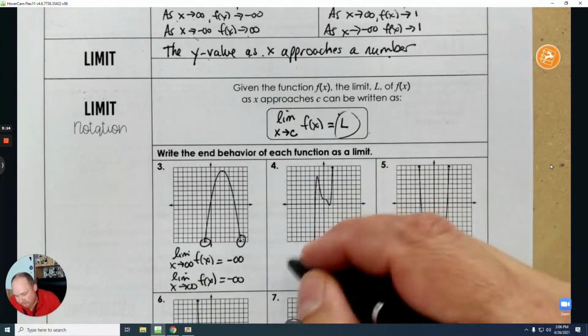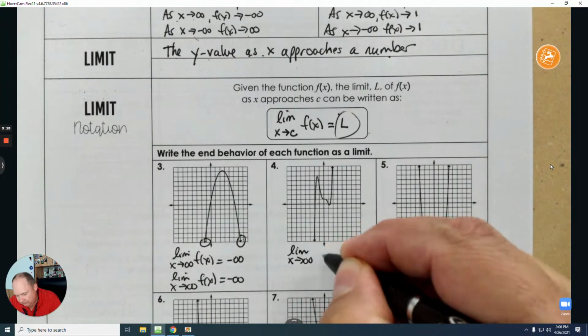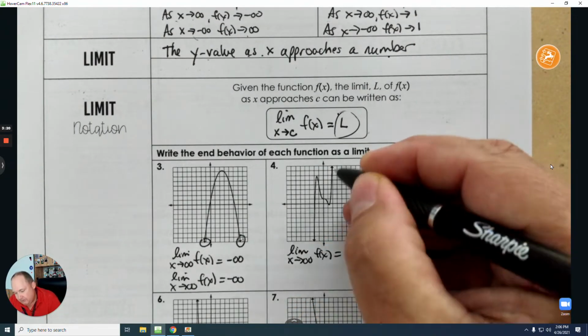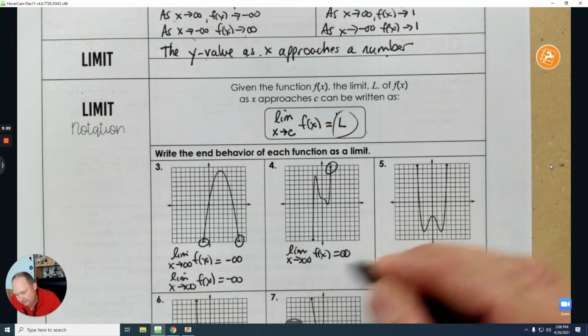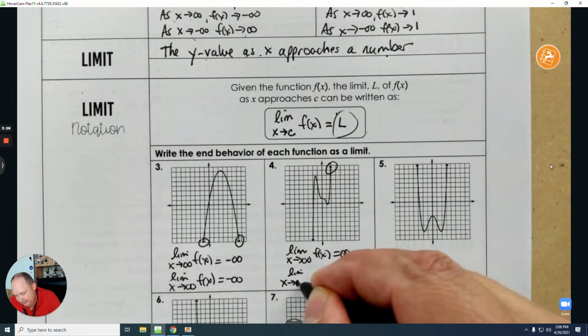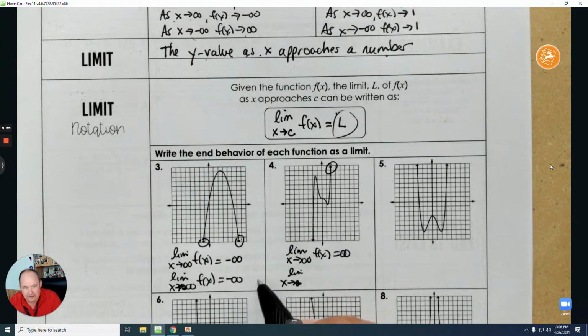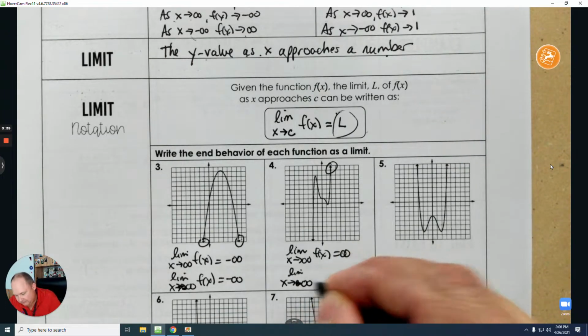Number 4, just practicing limit notation. The limit as x approaches infinity of that function. The right end is going up. The limit as x approaches negative infinity. Oops, this one should have said negative infinity. That one's negative. This one's also negative.